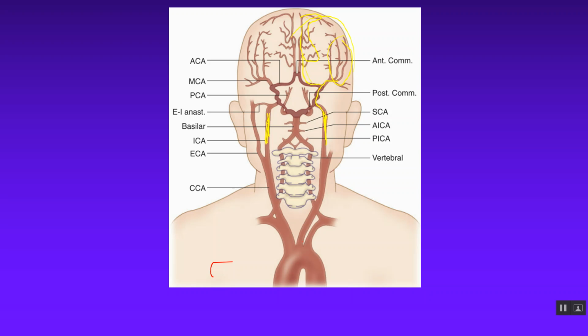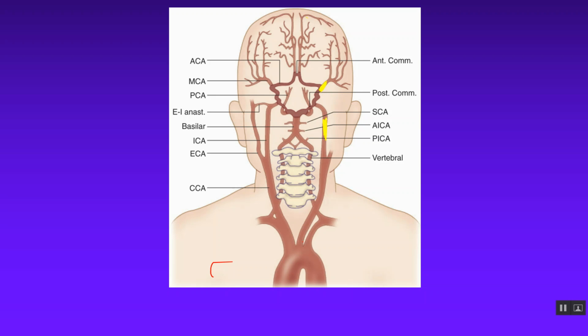The most common type of stroke is some type of blockage, and it's very common to have that blockage in one of the internal carotids or one of the middle cerebral artery areas.